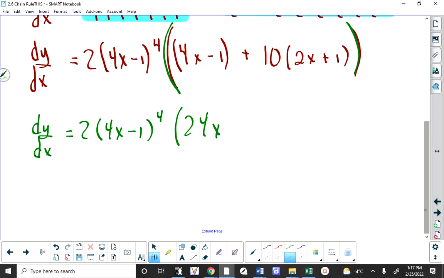Then I have negative 1. And then 10 times 1 is 10. 10 and negative 1 is 9. How does that look?